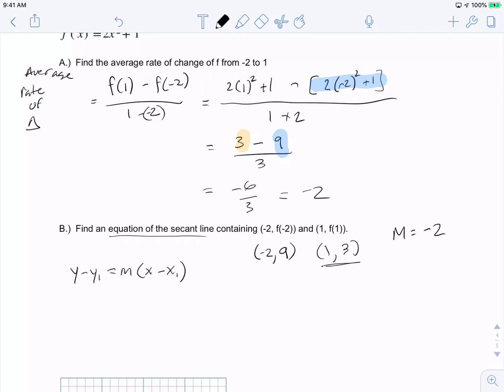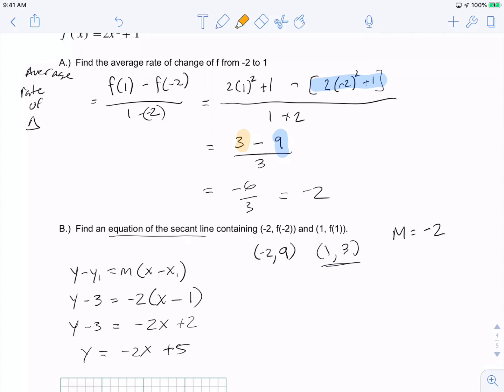So I'm going to use (1, 3) and the slope negative 2. So y minus 3 is equal to negative 2 times x minus 1. And so I get y minus 3 is equal to negative 2x plus 2. And then y is equal to negative 2x plus 5.